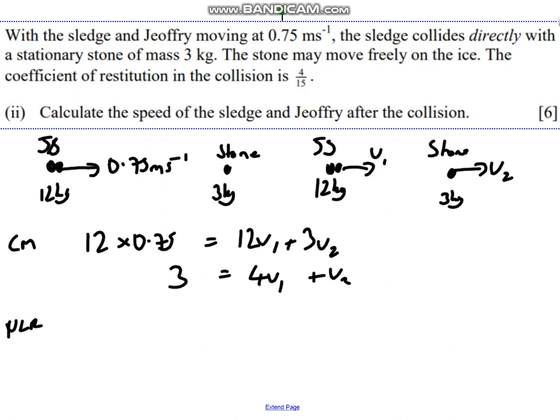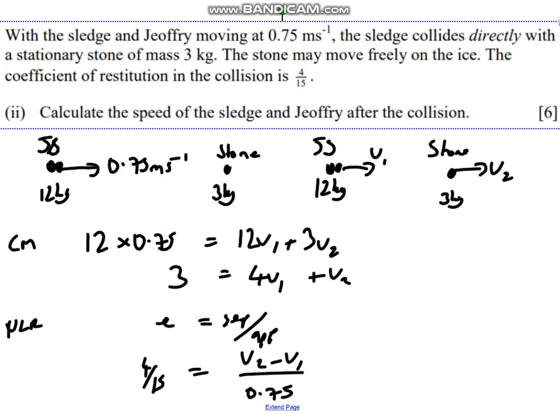We can also, if we look at Newton's law of restitution, we can also get that from our E, which is our separation speed over our approach speed, and so that means that we've got 4/15, and that's equal to V2 minus V1. That's going to be our separation speed. Our approach speed must be 0.75 because the stone was stationary beforehand.